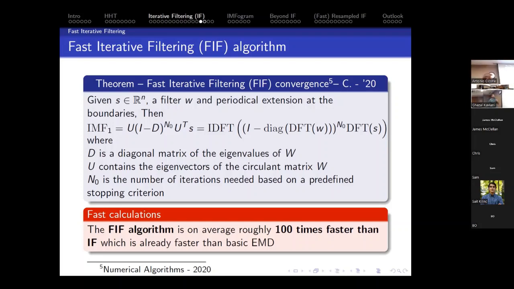Now, I want to just point out, because they usually ask me, so are you just doing Fourier transform of the signal? So you do the FFT of the signal, and that's it, right? I say, no, the FFT here is not used to really filter out your IMFs.